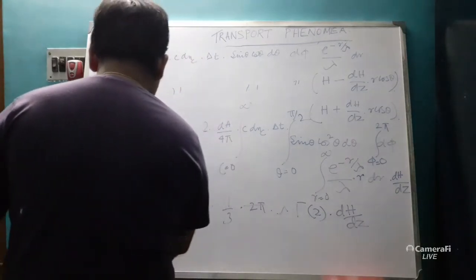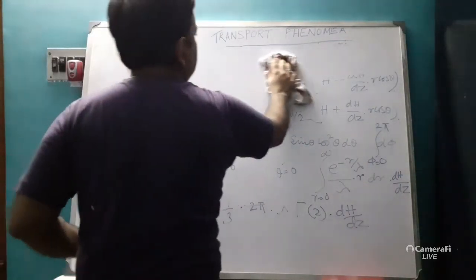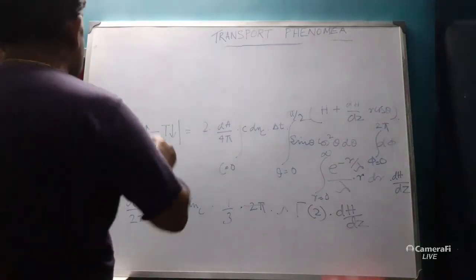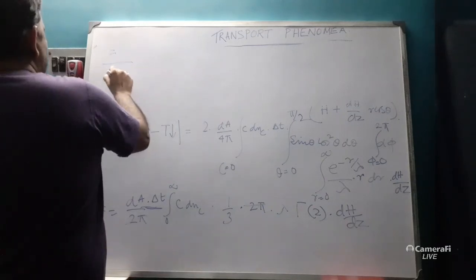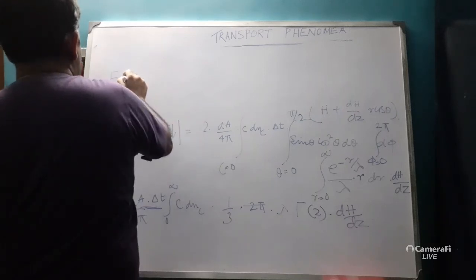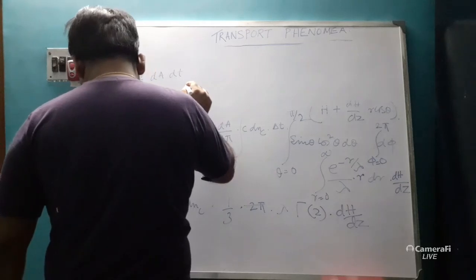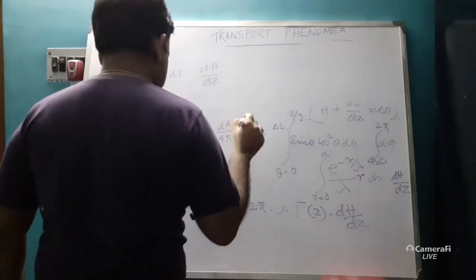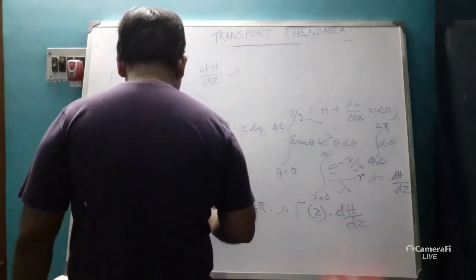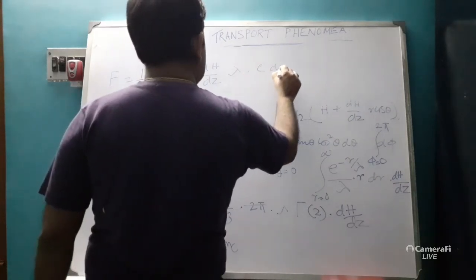So we have this 2 pi gone, so you can write it like this: F by dA dt, one third, dH by dz, c lambda, and for this you will write c dNc. Leave it like this, c dNc.